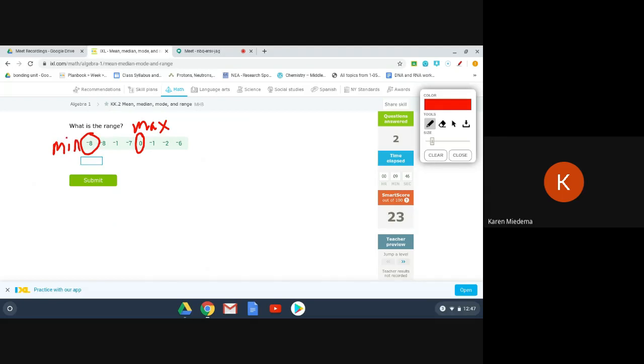So again, the range, I didn't actually write down the definition, so I'm going to write that down for you now. The range, the way to calculate it, is the maximum value minus the minimum value.